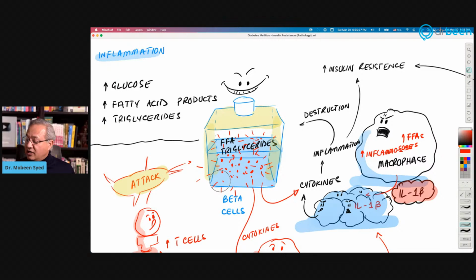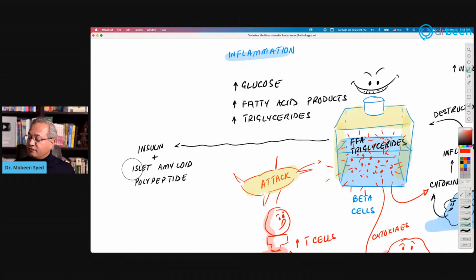But at the same time, they also make a lot of islet amyloid polypeptide. What is that? It's a protein. Whenever we make insulin, imagine we make some raw material extra with it, some polypeptide, a tiny protein. So as the beta cell is revving fast and that machine is going, it has lots of energy and is making insulin. It is also making some extra raw material that just falls next to the machine itself.